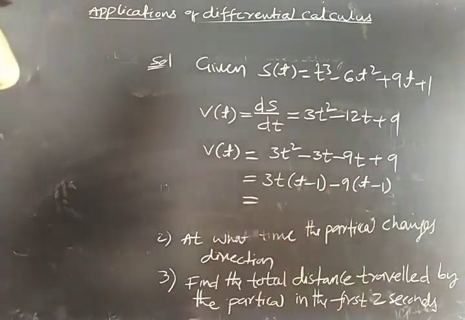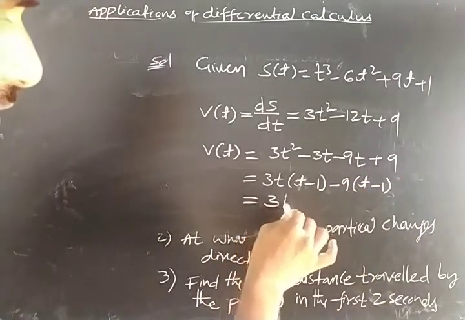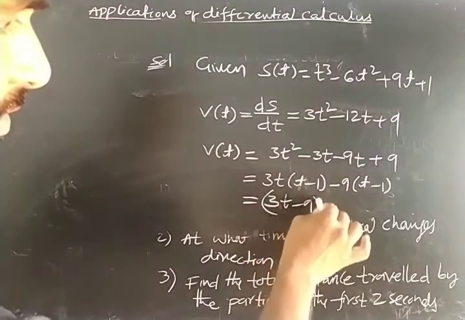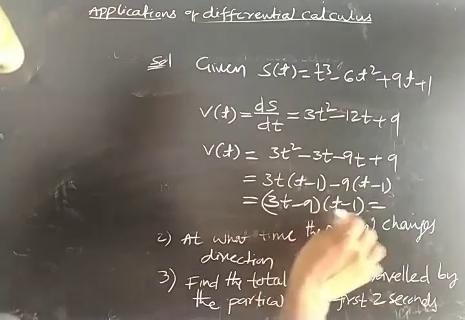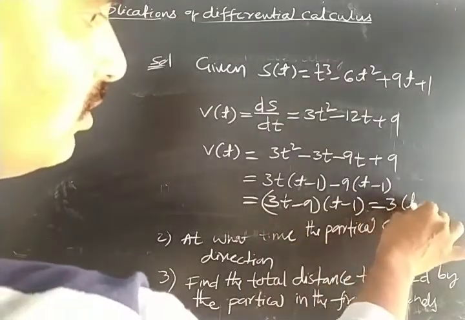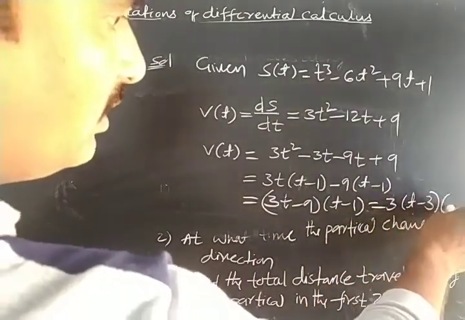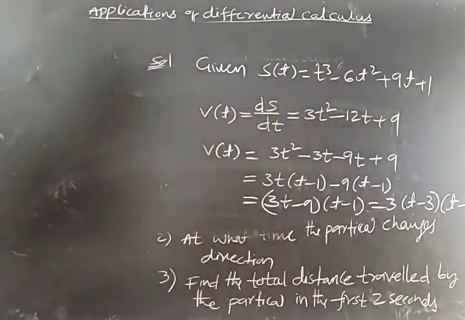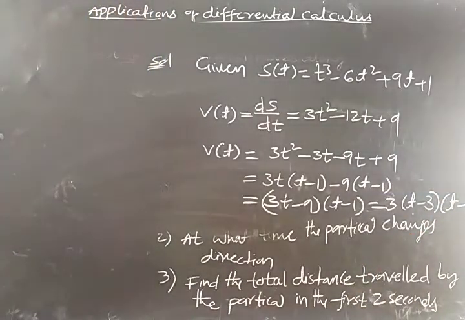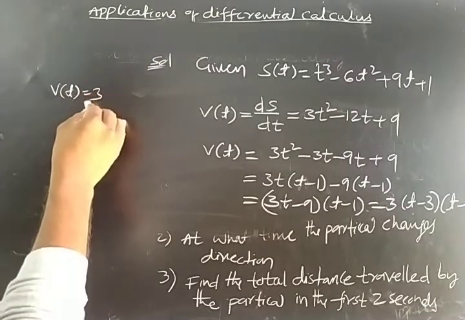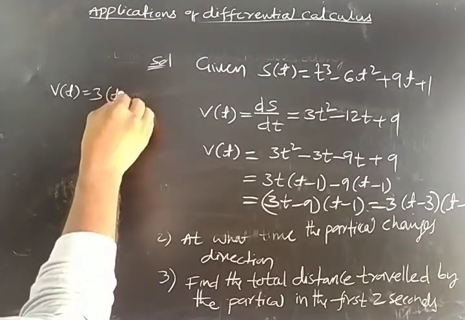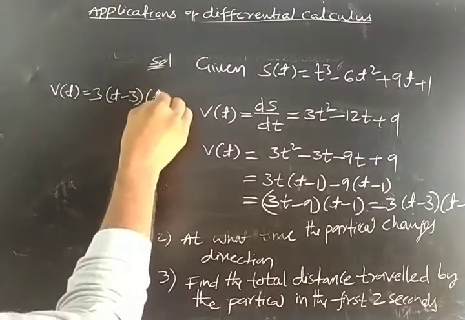So the factors are 3t minus 9 into t minus 1. From the first factor I am taking 3 common, 3 into t minus 3, t minus 1. So I split the quadratic expression in t into factors. We got v of t equals 3 into t minus 3, t minus 1.